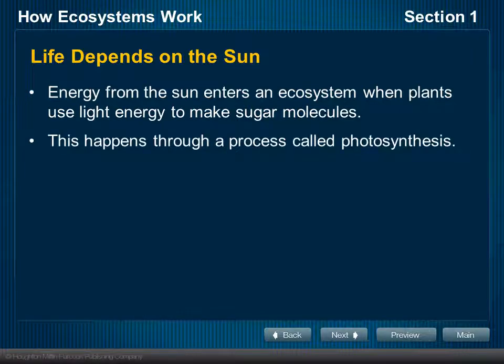But this initial process of turning the light energy from the sun into what we could call food energy in terms of the sugar molecules or the glucose, this is the process of photosynthesis. And this is the process that we attribute to these green plants that use chlorophyll to actually do this. Ultimately, it's a chemical reaction.